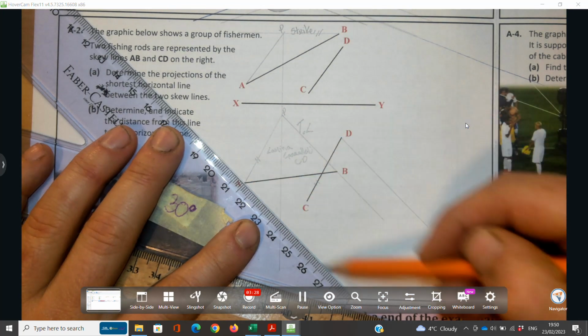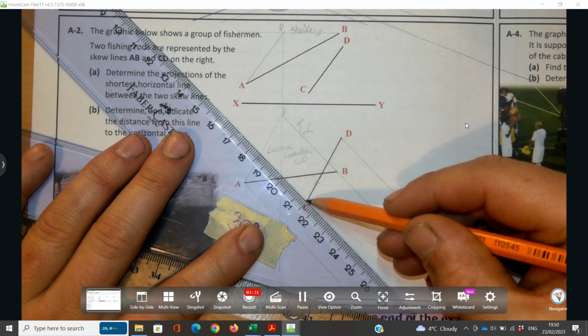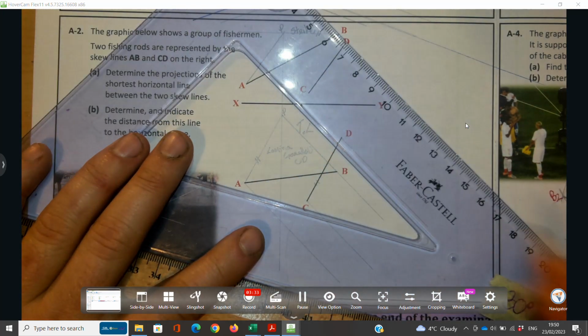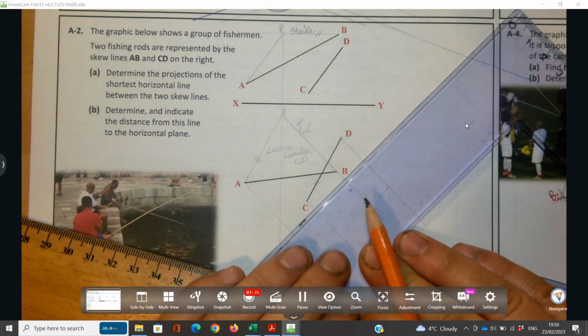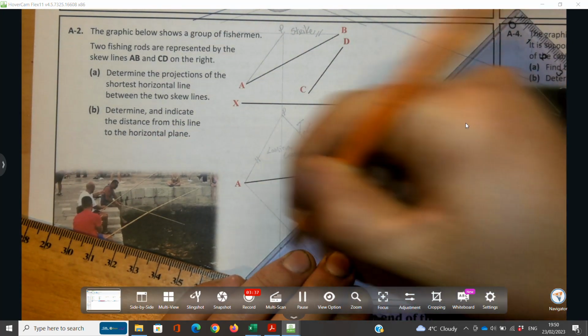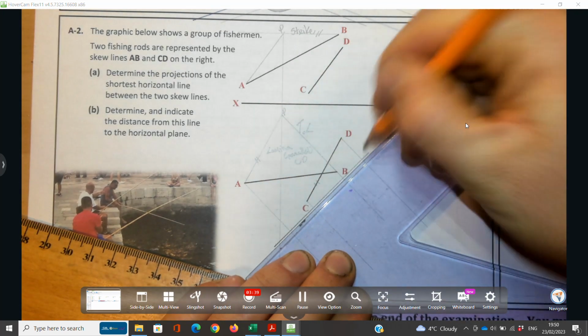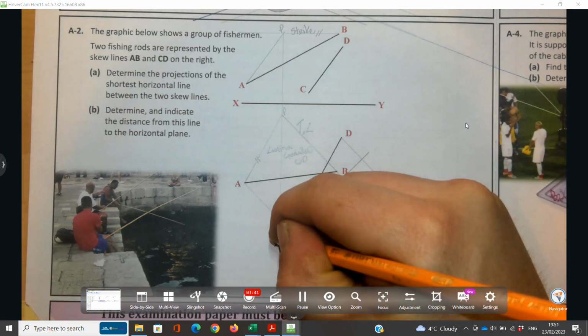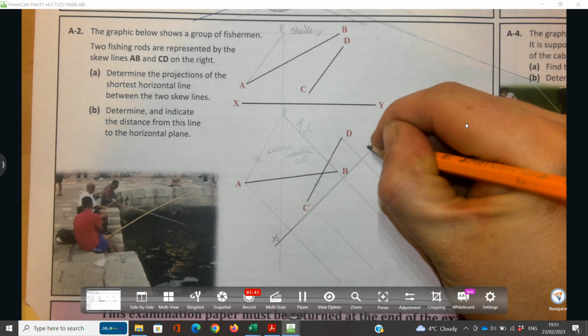So I'm projecting A, C. I'm going to draw in my X1, Y1 line. So here's my X1, Y1 line.